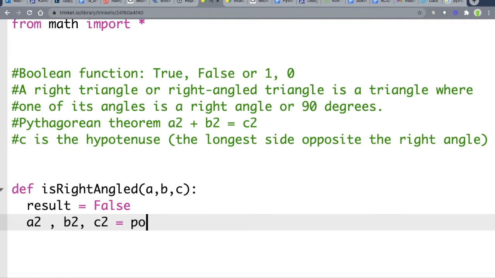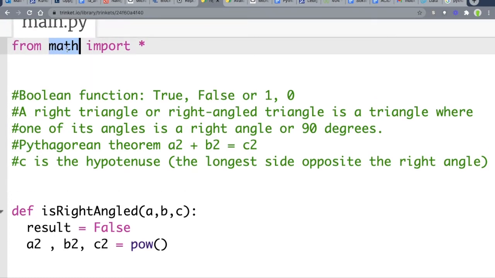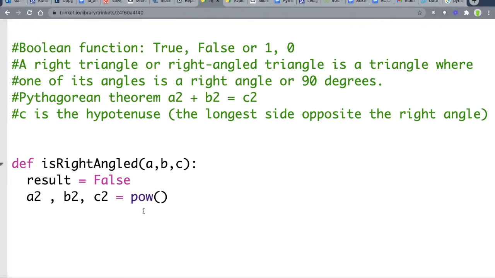This will use pow, which is a function in the math module that we have imported from the beginning. Import math. From math, import everything. The star, or asterisk, means everything, so all the methods or functions have been imported from the math module. We use this function in order to make it easy for us.